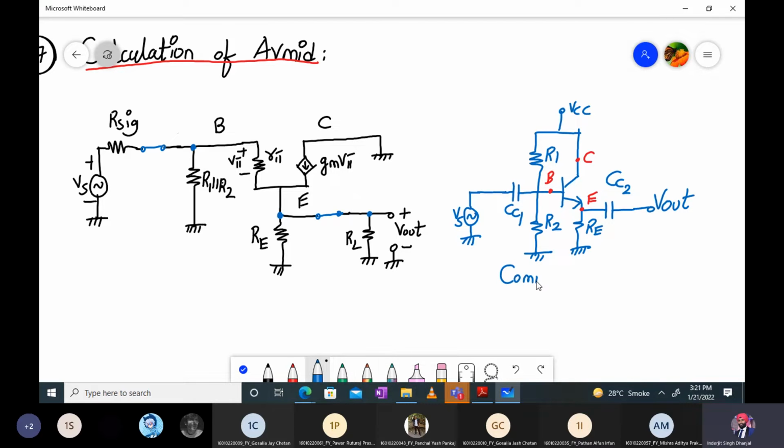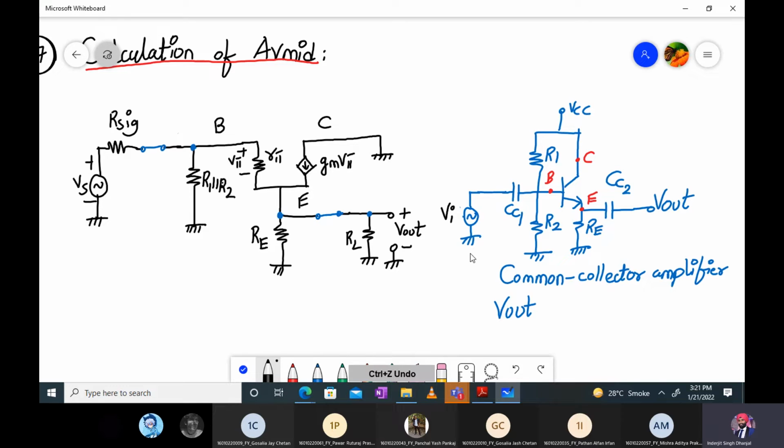And for the common collector amplifier, the gain formula is well defined. Sorry, this is not Vs, this is V in.